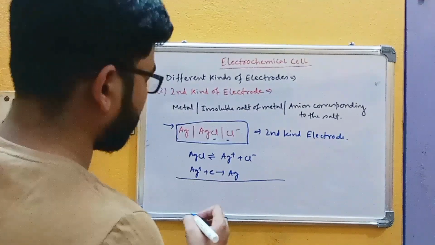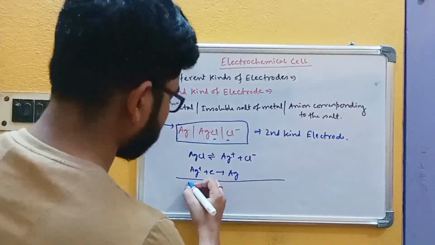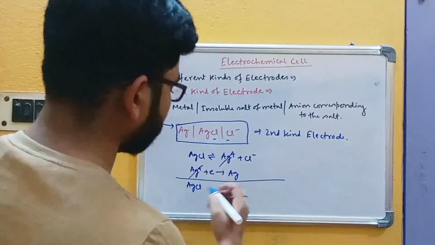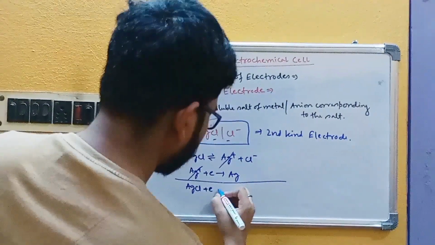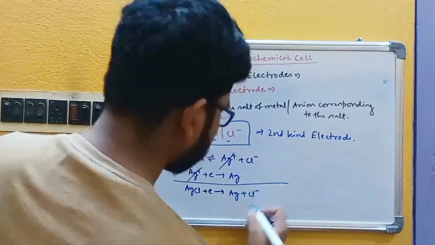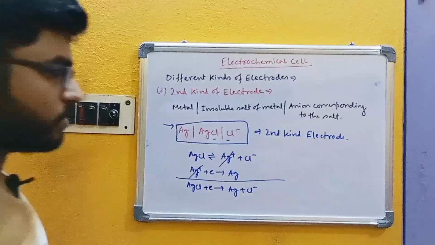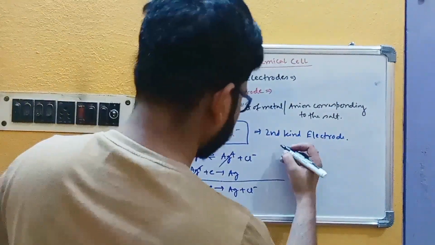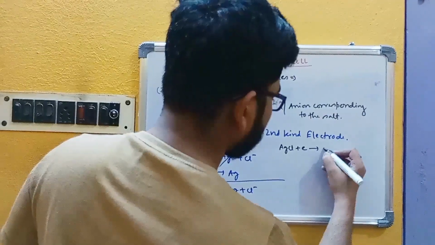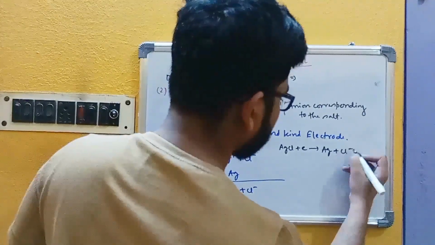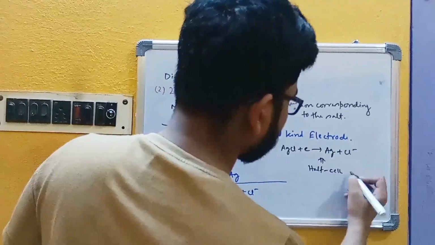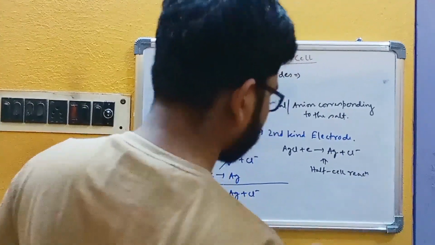Now we write the overall half cell reaction, that is AgCl, and this Ag plus cancels out, AgCl plus electron, and we get Ag plus Cl minus. So we write the half cell reaction over here: AgCl plus electron gives Ag plus Cl minus.